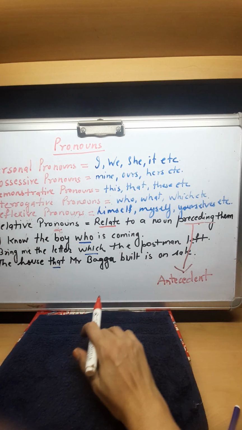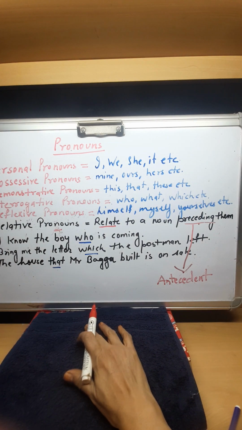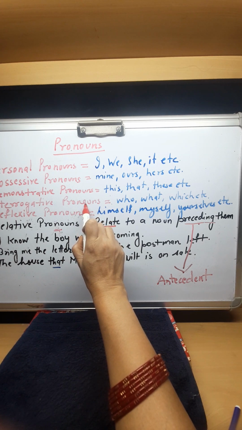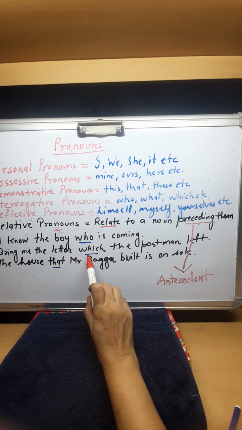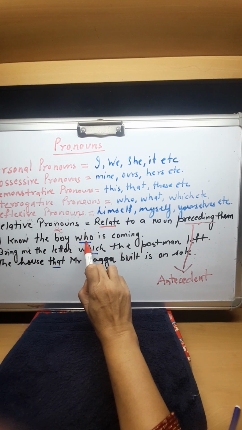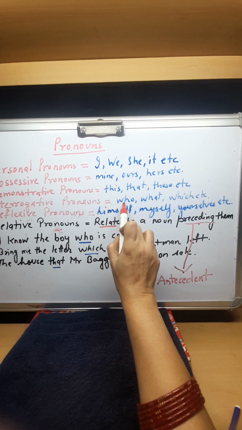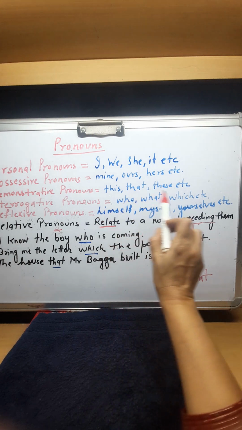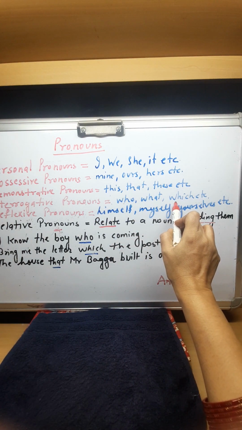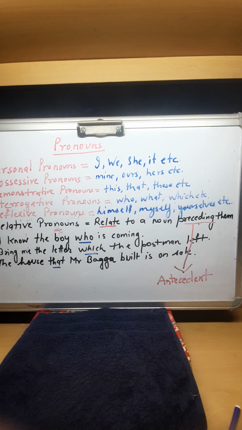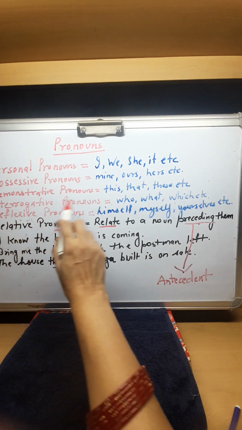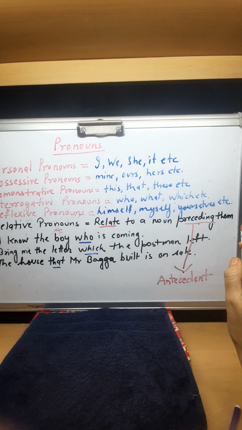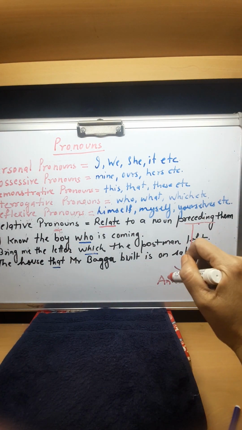Now, there is one more doubt. How are we going to differentiate between interrogative pronouns and relative pronouns? Who is also a relative pronoun? Who is an interrogative pronoun? Which is also a relative pronoun? Which is also an interrogative pronoun? So, how are we going to differentiate? I know you are an intelligent girl and you know the answer. Interrogative pronouns always ask questions.